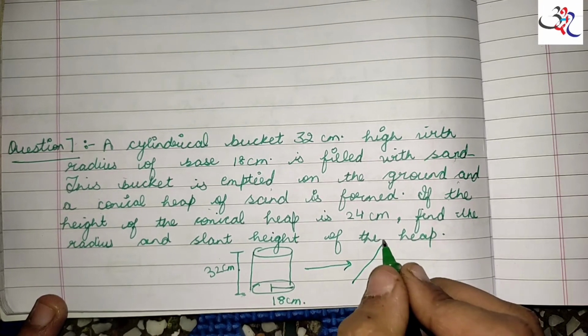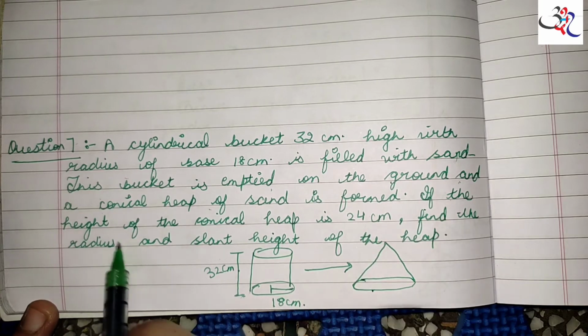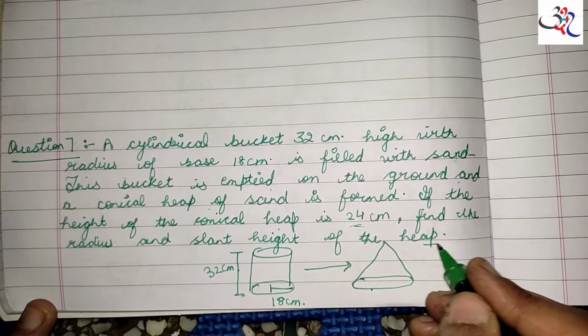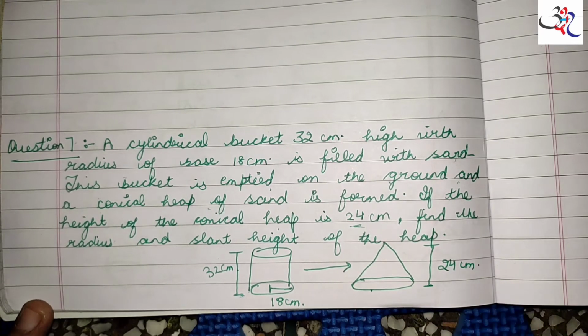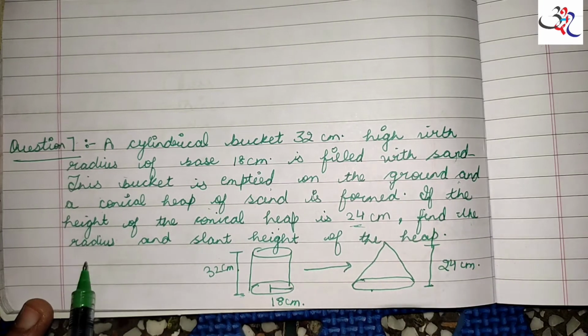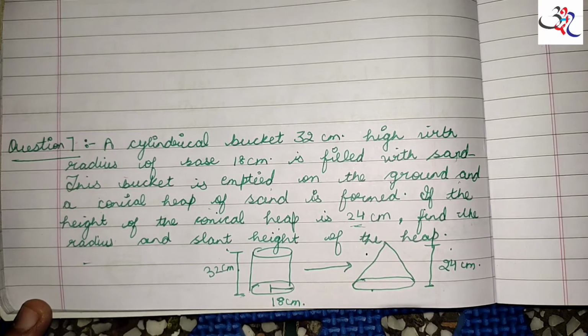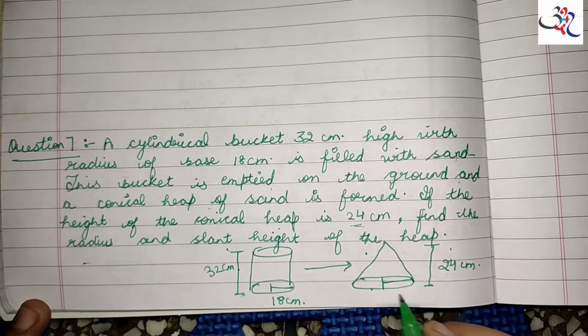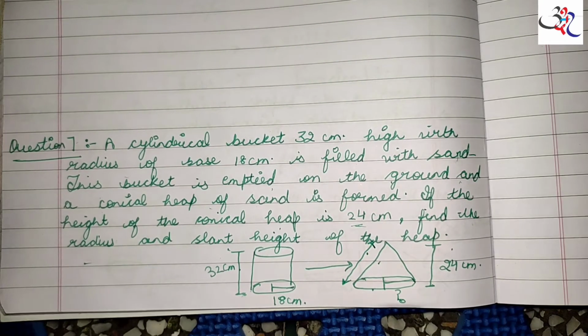If the height of the conical heap is 24 centimeter, which is given to us, then we have to find the radius and the slant height of the heap. So we have to find out this radius and this slant height.